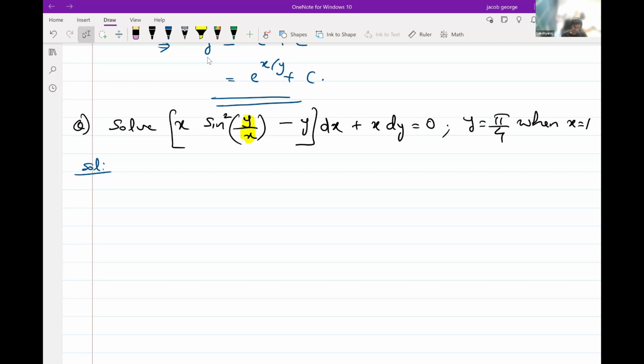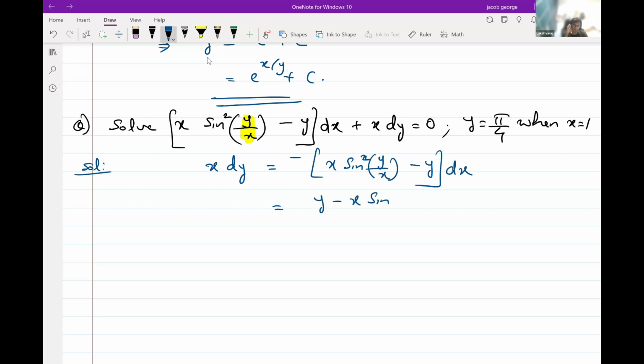Okay, great. Fine. So this is x dy is equal to minus of x sine square y by x minus y into dx. Using this minus, we can open the bracket. When we open the bracket, this minus y will become plus y, and this will be minus. So I write that step, then I take dy by dx.